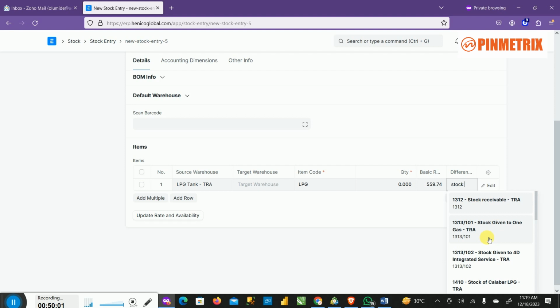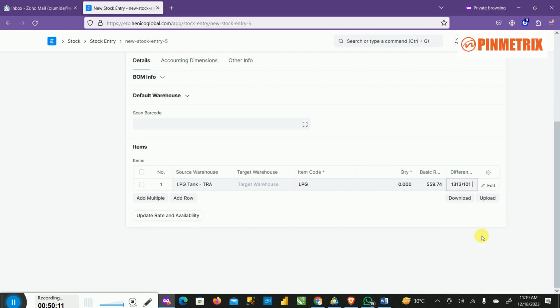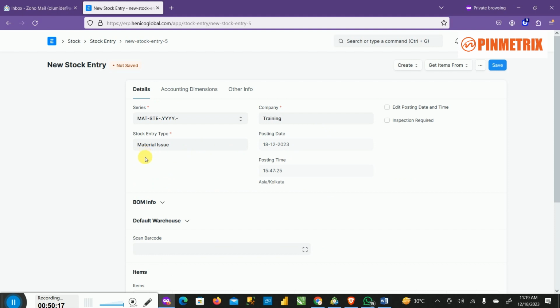If they are the one giving to you, you use stock received from gas. But we are using stock given to one gas. This is the situation where you are giving to them, and you have material issue picked.